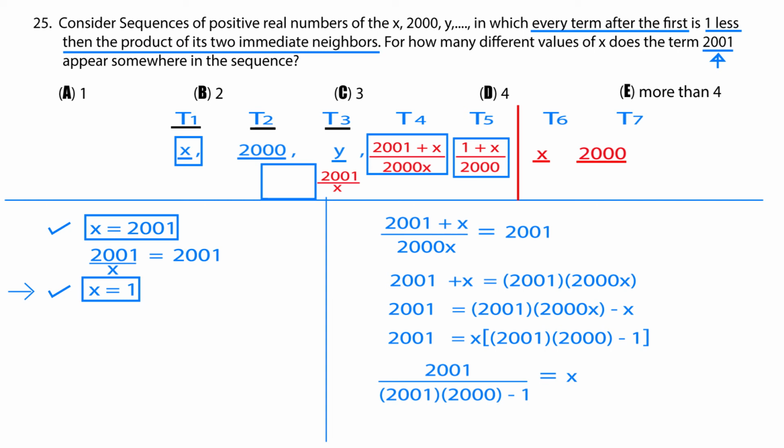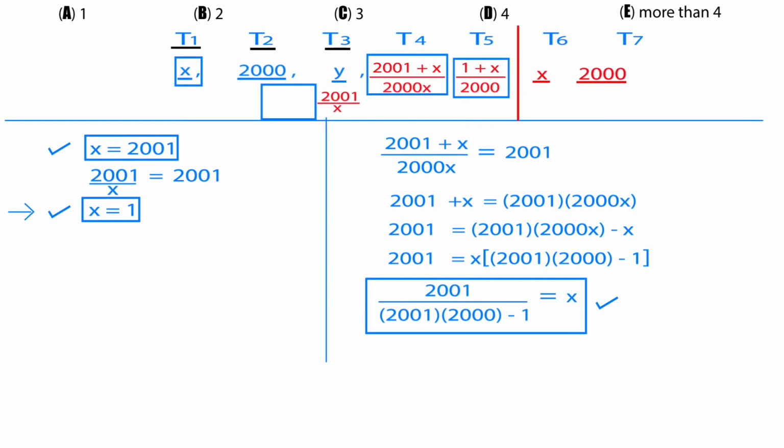Okay, so this is another value of x for which the term 2001 will appear in the sequence. So that's a third value. And we've done T1. T2 is fixed, so we can't do T2. We've done T3, we've done T4, and let's see what we get for T5.